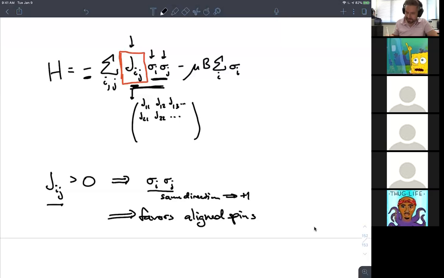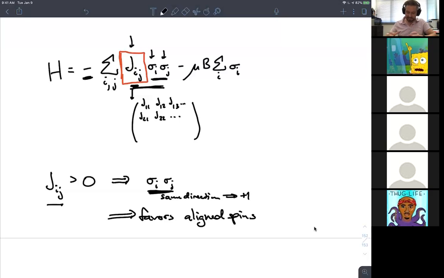It makes the energy lower when the spins are both pointing in the same direction. If they're pointing in opposite directions, then when you multiply these 2 things together, you get -1. And then -1, again, times this negative sign out front gives you positive energy, and ooh, that's bad. Nature don't like positive energy.